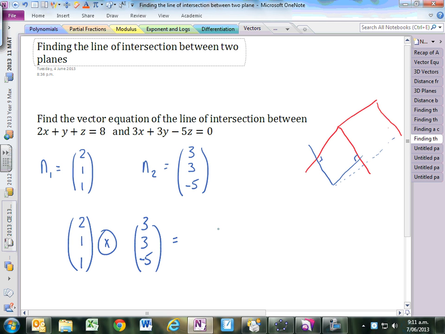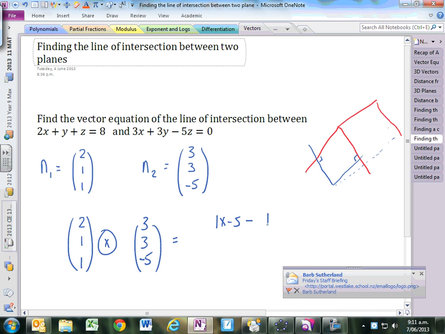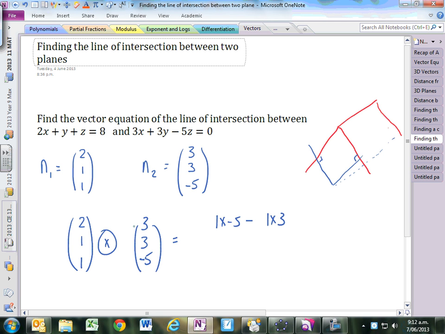So what are we going to get here? Cross out the first line. The x coordinate will be 1 times -5 minus 1 times 3. Go to the y coordinate, cross out the middle line, start at the bottom left, so I've got 1 times 3 minus 2 times -5.